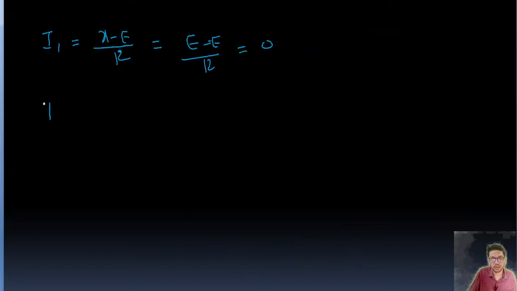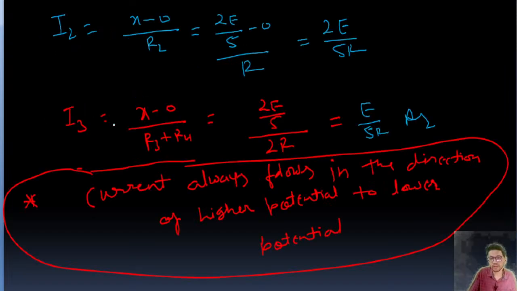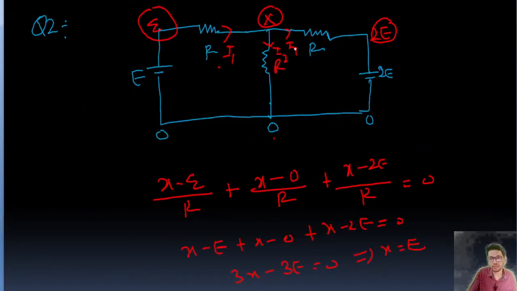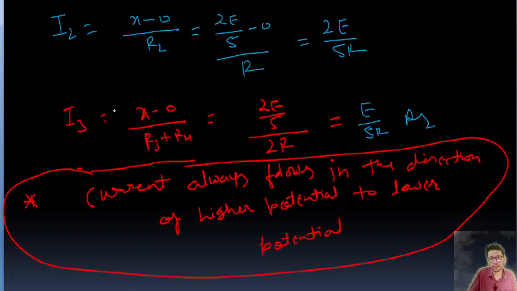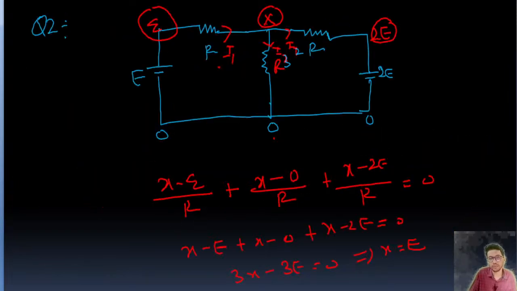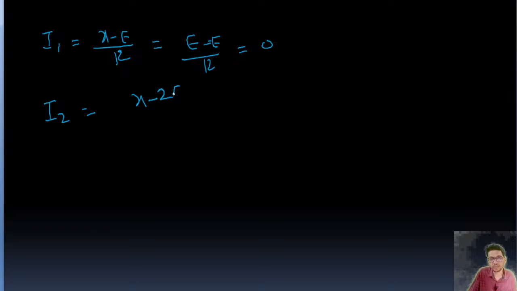Okay, now I2, it is going to be x minus this one. This is I2 and this is I3. Okay, I2 is going to be x minus 2e upon r, right? So this is going to be x value is e, so e minus 2e upon r.